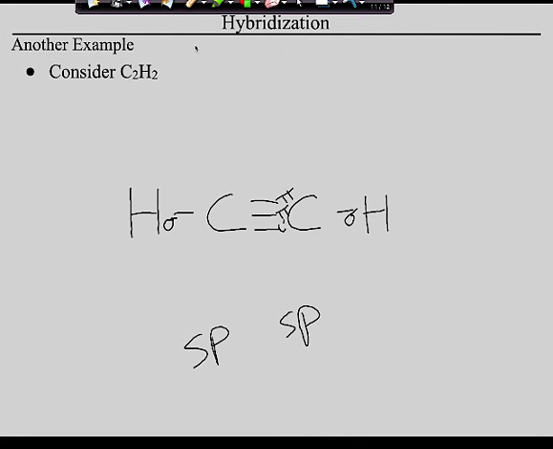And so this represents the overlap of one of those hybrid orbitals with the 1s electron from hydrogen. So that sigma bond is representative of the overlap of one of the sp hybrids, and then that is the overlap of the other sp hybrid.